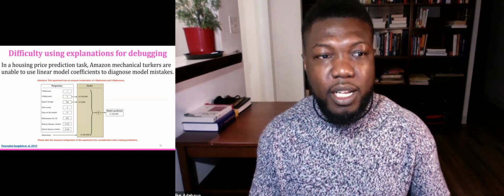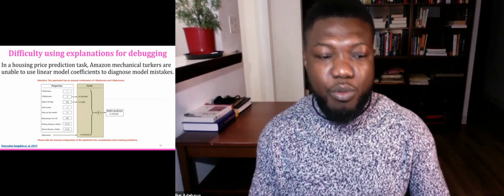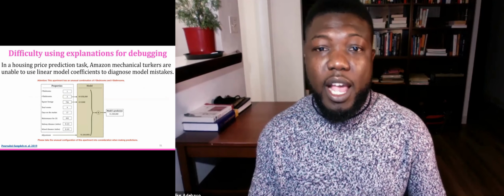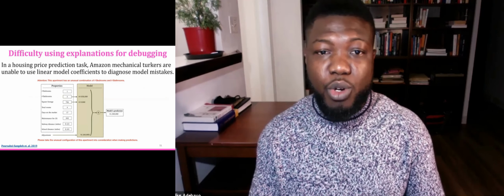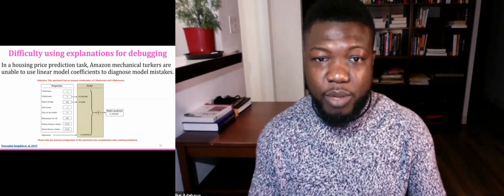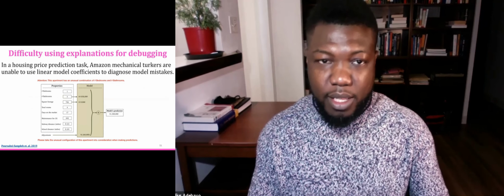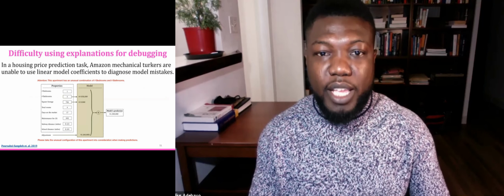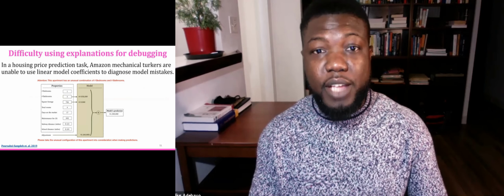In a particularly devastating example, a recent work from Poursabzi-Sangdeh from 2019 showed that Amazon Mechanical Turk users were unable to use the coefficients of a linear model to better debug model mistakes in the housing prediction task.